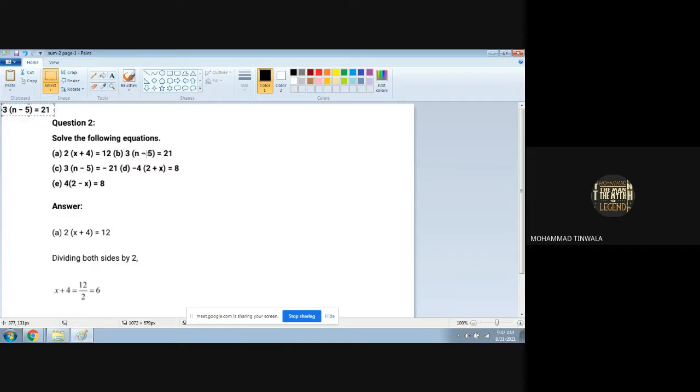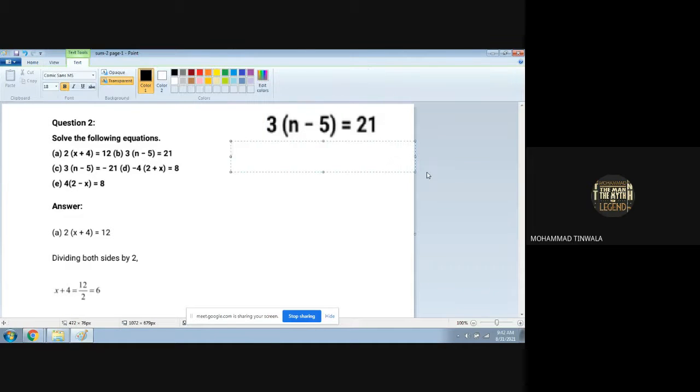Sum number B: 3 into n minus 5 is equal to 21. So this 3 is for both. So 3 into n is 3n, minus as it is 3 5s are 15. Any doubt here? Is equal to as it is 21.